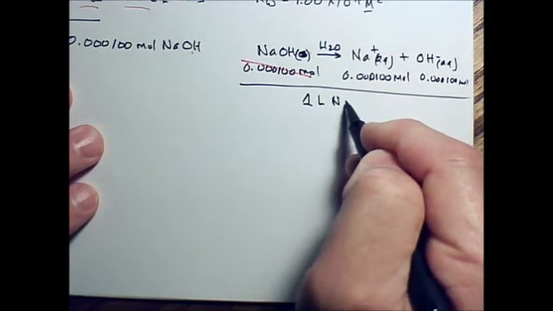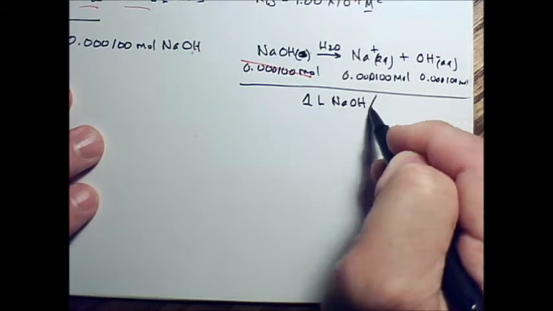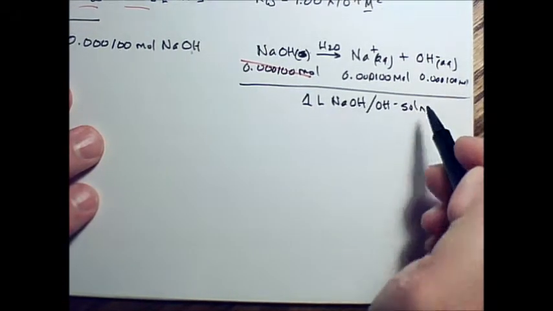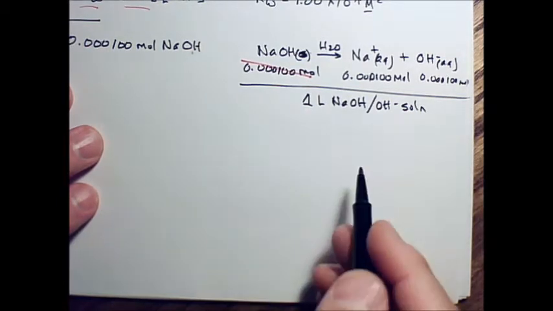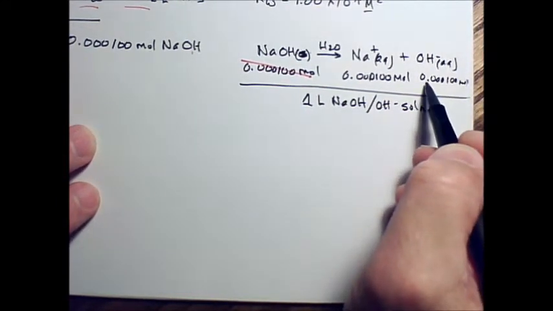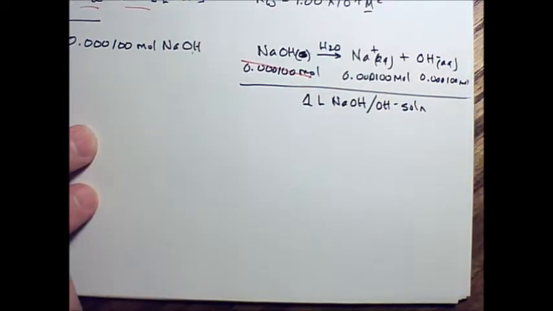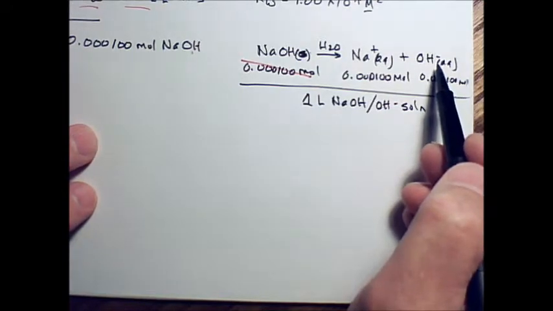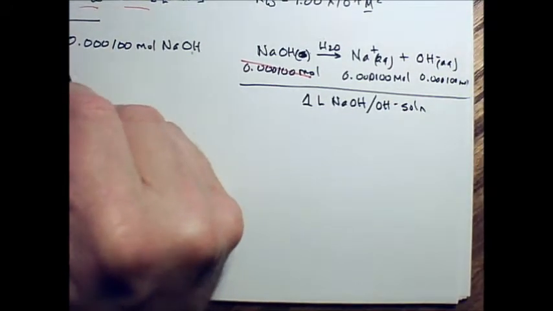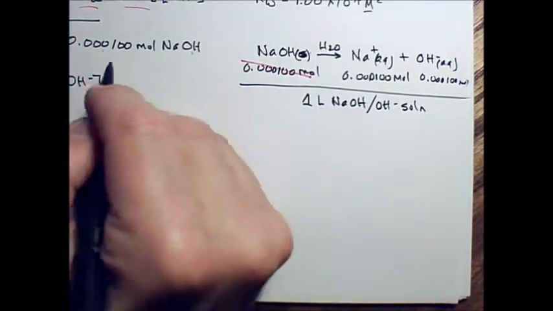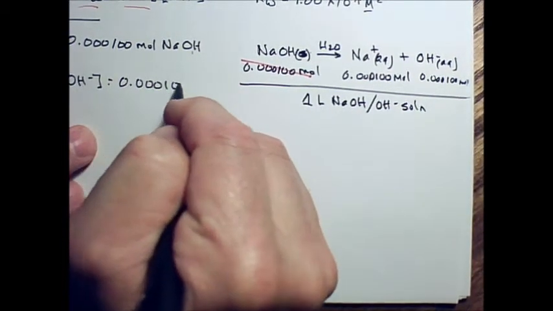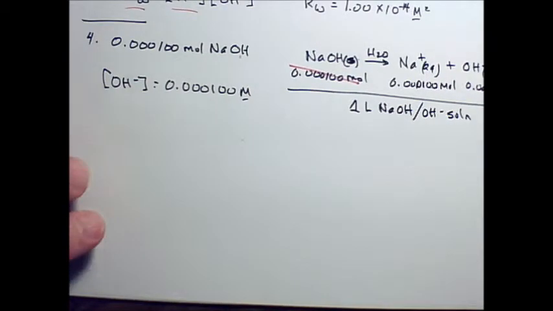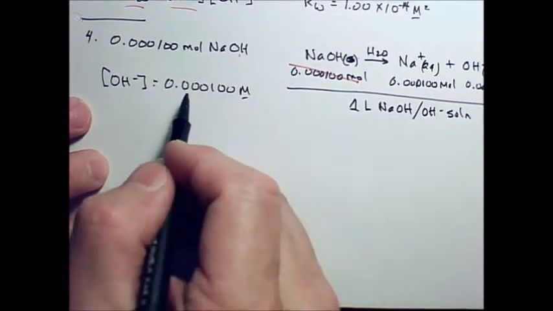So because we've got this amount of hydroxide in 1 liter of solution, the hydroxide ion concentration is 0.000100 molar. Is it the same as 1.00 times 10 to the -4? Yes, you're right, 4.